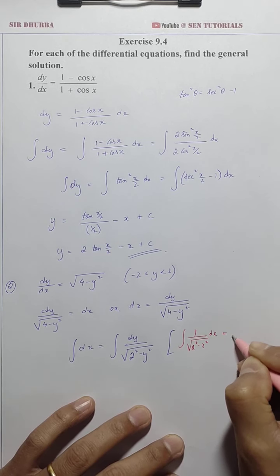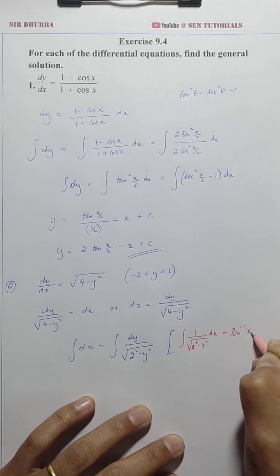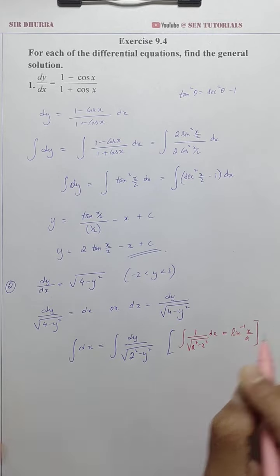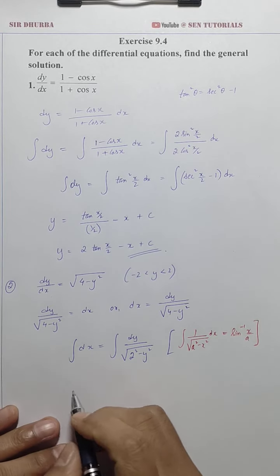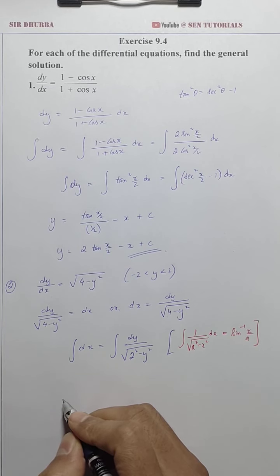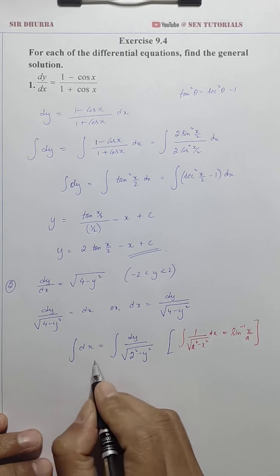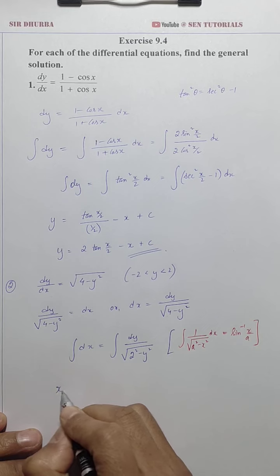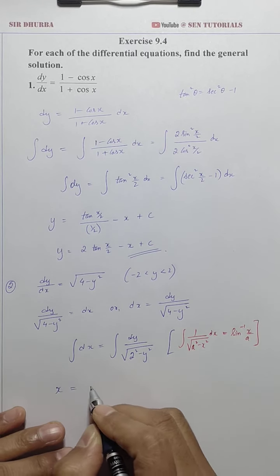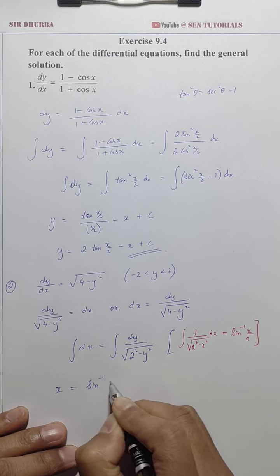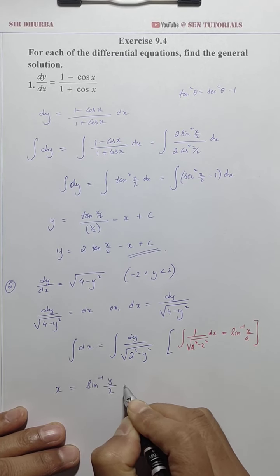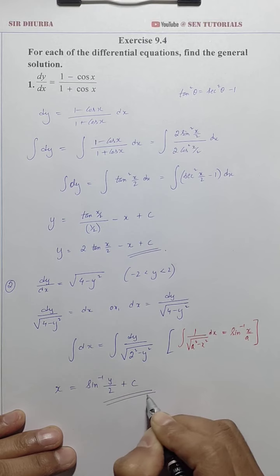That was sine inverse of x by a, from special integrals. You remember that, right? So now integration of dx will be x, and integration of this value will be simply sine inverse of y by 2 plus c.